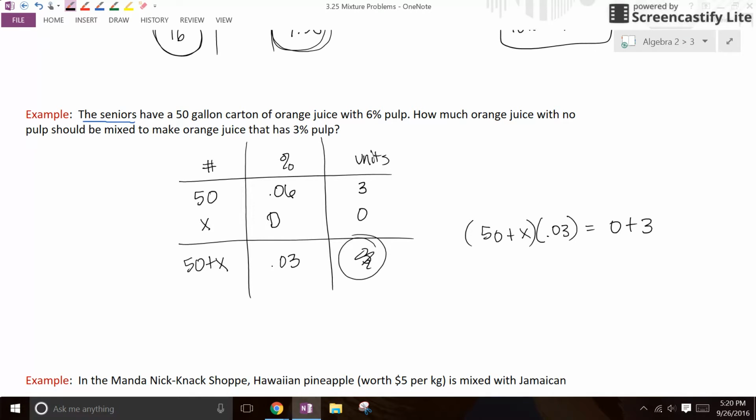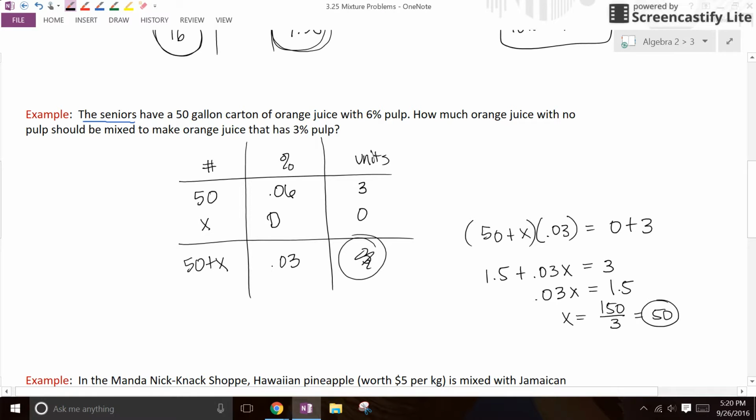So 0.03 times 50, that's 1.5, plus 0.03x is equal to 3. Then I will subtract the 1.5 over, and 3 minus 1.5 happens to be 1.5. And then you divide by 0.03, and that would be 150 over 3, or 50.